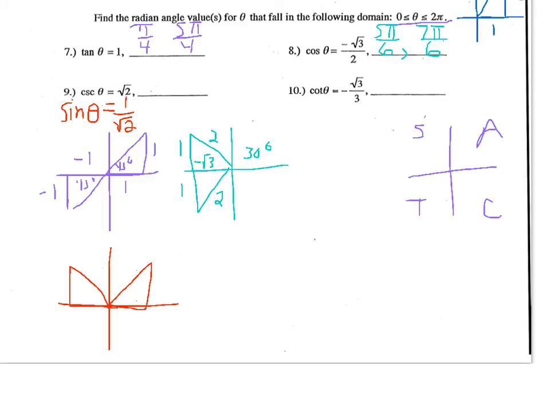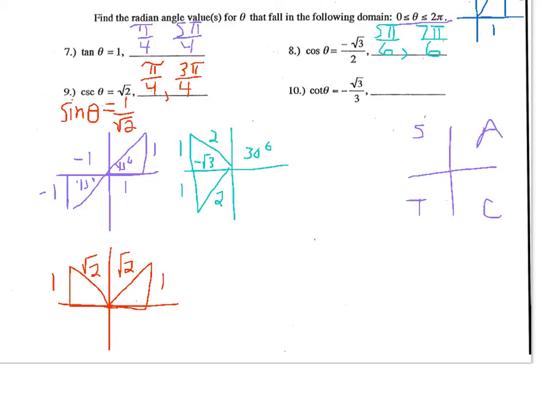And we know that the opposite side must be a 1, and the hypotenuse is a √2. So we're dealing with 45-degree angles. So since we're in the first quadrant, pi over 4 will be our first angle, and 3 pi over 4 will be our second one, since we're in the second quadrant.